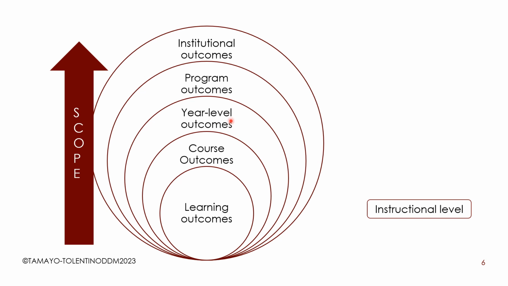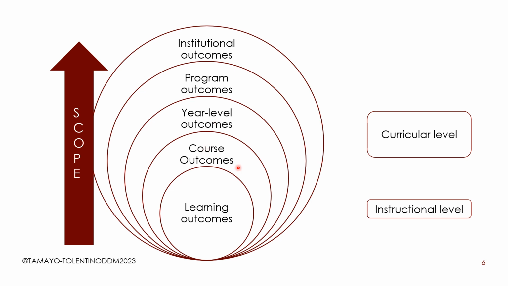Year-level outcomes, on the other hand, refer to the outcomes that we want the students to demonstrate at the end of year level 1, year level 2, and so on and so forth. Both course and year level outcomes are implemented at the curricular level. And similar to learning outcomes, the course outcomes put together should enable the achievement of the year level outcomes.